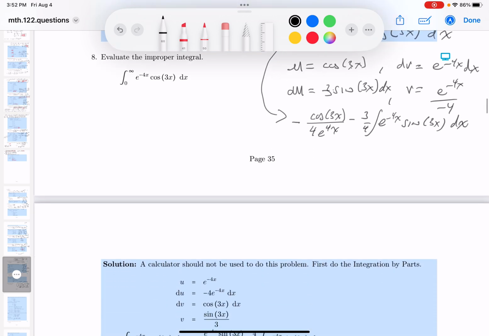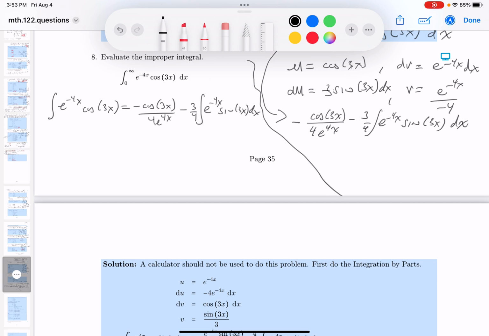All right, I think I'm sort of getting warmer, but not there yet. Then write down, I got over here, the integral of e to the minus 4x cosine 3x is equal to minus cosine 3x over 4e to the 4x, and then minus 3/4 times this integral, e to the minus 4x sine 3x dx.